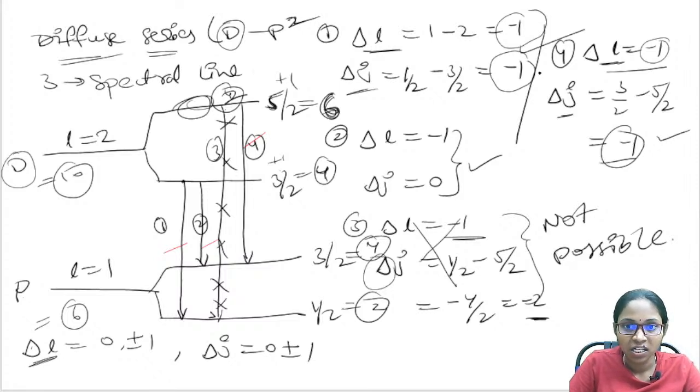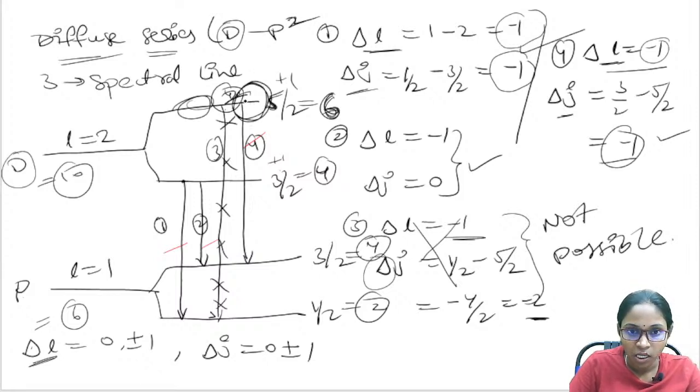By checking that: if the number of electrons is mentioned in your question, you check whether this orbital is less than half filled or greater than half filled. If the question does not contain the number of electrons, then go for the higher J value directly. Here the higher J values are 3/2 and 5/2, so go for the higher J value.